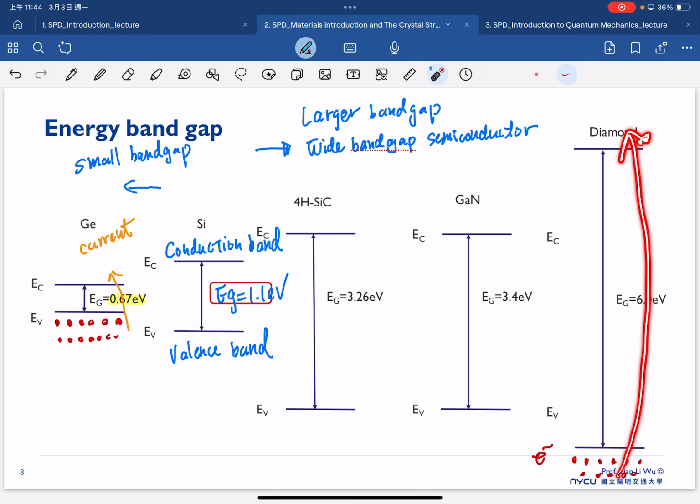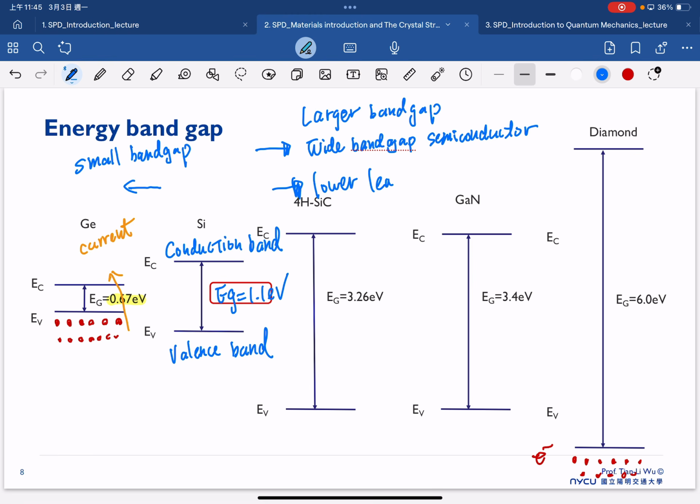So that's why a large band gap always implies low leakage current. So this is an example of how material property in the end correlates with our electrical characteristic.